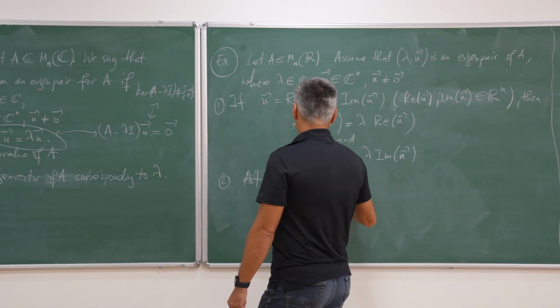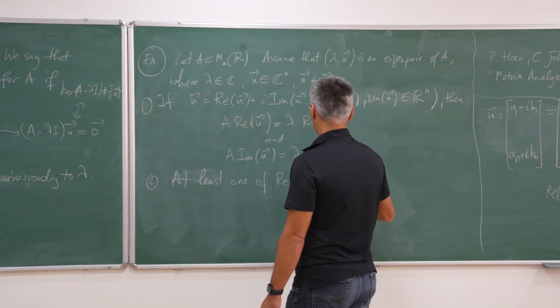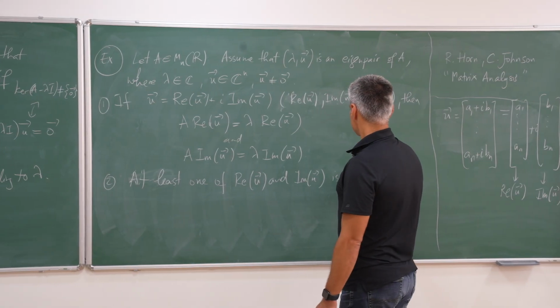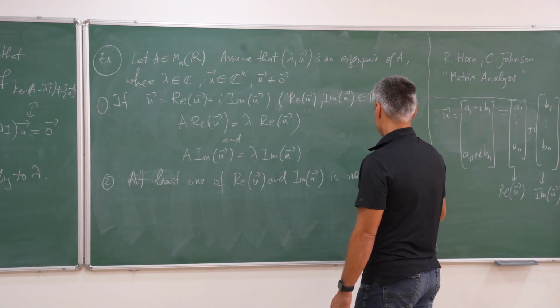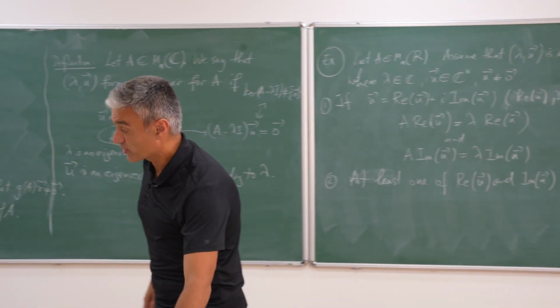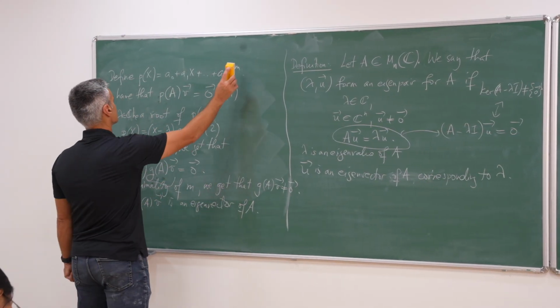At least one of the real part of u and the imaginary part of u is non-zero. Okay. You've probably done this in some undergraduate class, but it's good for you to do it.